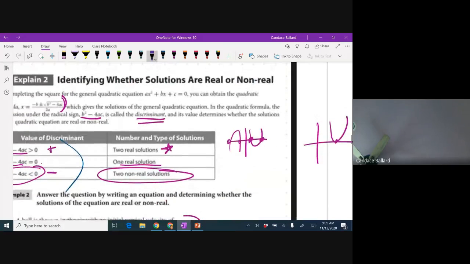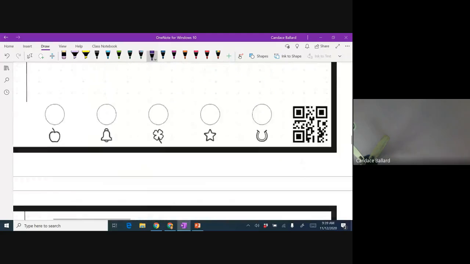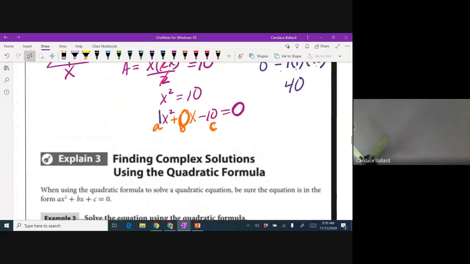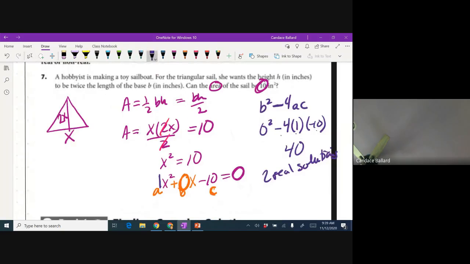And when I have a number greater than 0, that means I get 2 real solutions. So there are 2 real solutions. So that means that I would definitely be able to get a sail that had an area of 10 square inches.